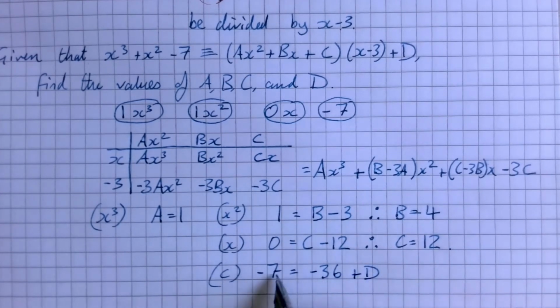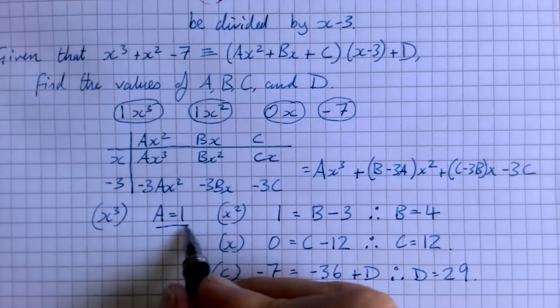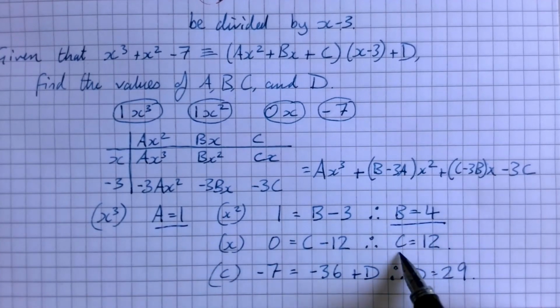And if I add 36 to both sides, that gives me d equaling 29, which is the same as I had before. A equal to 1, b equal to 4, c equal to 12, d equal to 29.